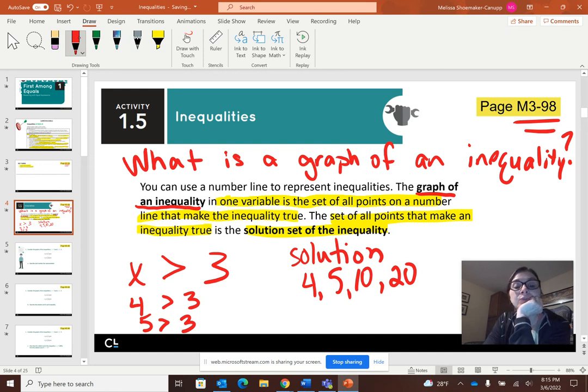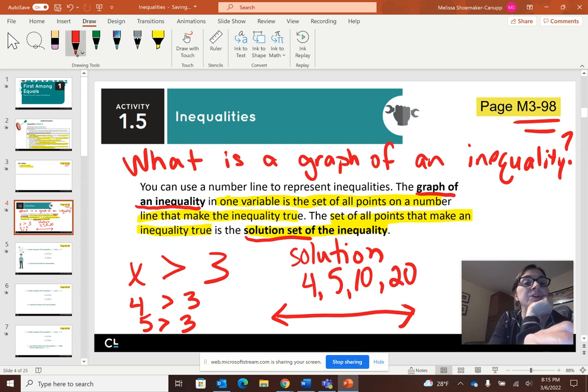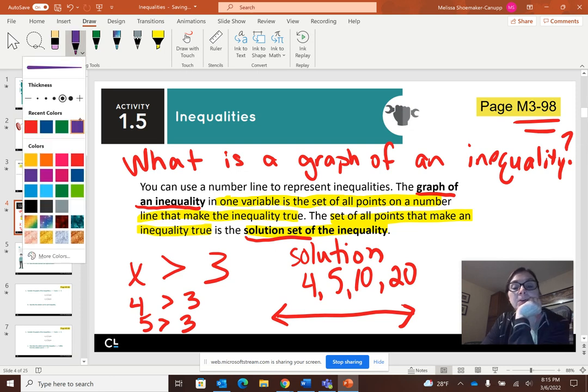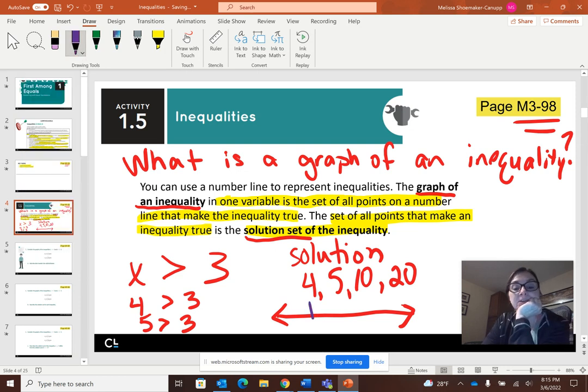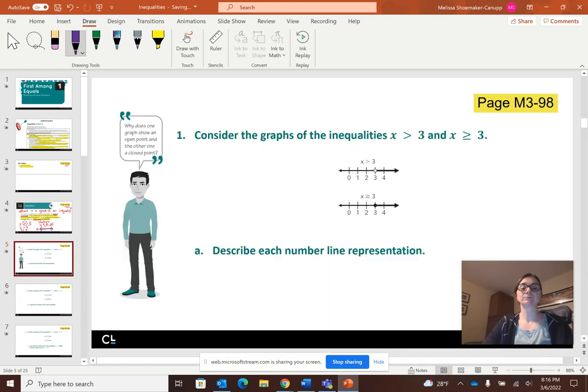And so we can graph that on the number line. Let's see, 3. So open circle because it does not include 3. And all the solutions are larger than 3. That's what the solution set is. All the numbers on the number line that make it true.